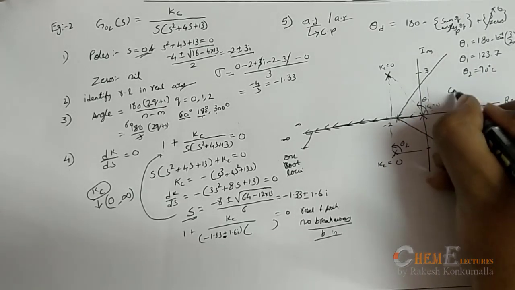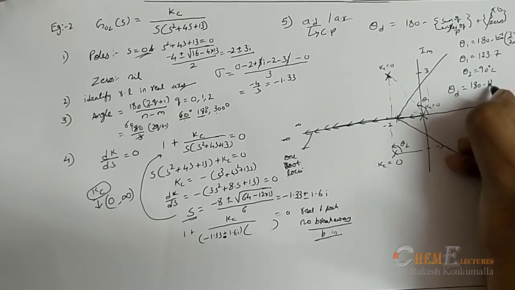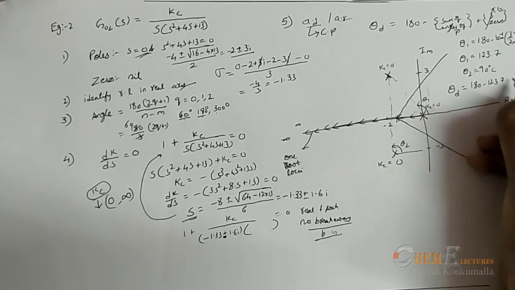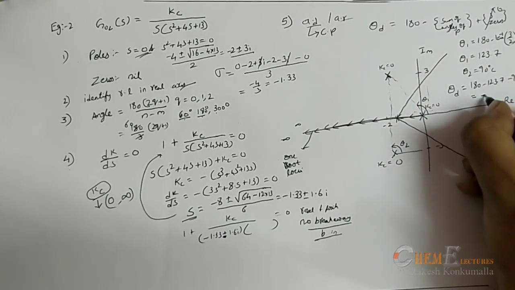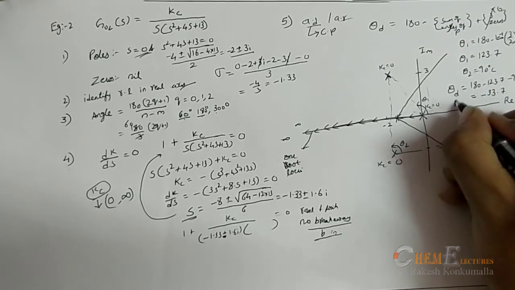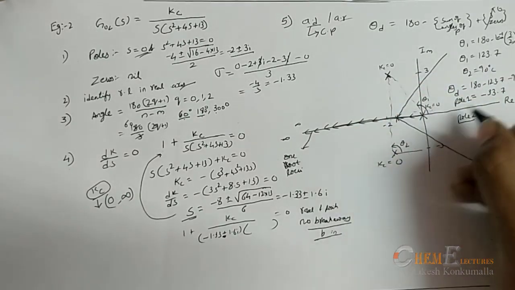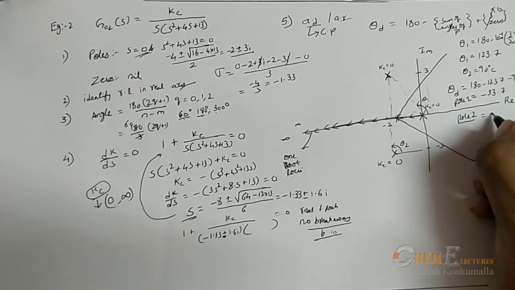Then my angle of departure will be 180 minus 123.7 minus 90, which is equal to minus 33.7 for the pole 1. And similarly, if you find for the pole 2, which is symmetric to the pole 1, then the angle of departure will be plus 33.7.